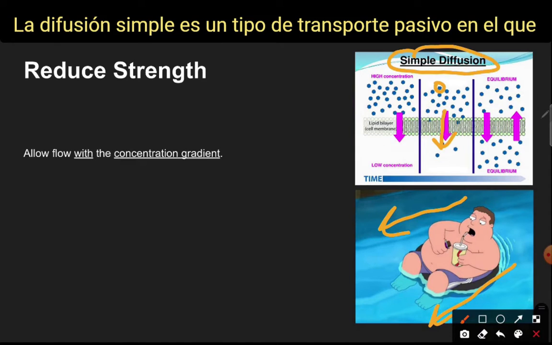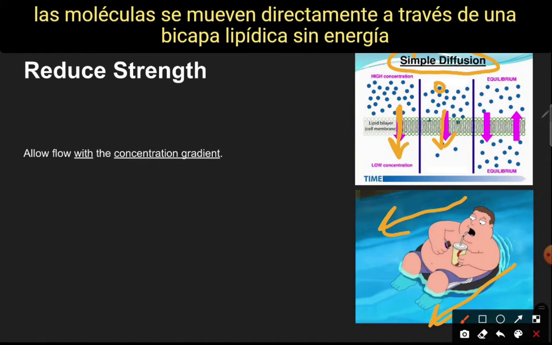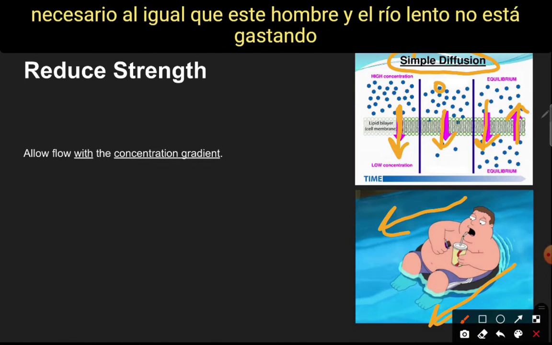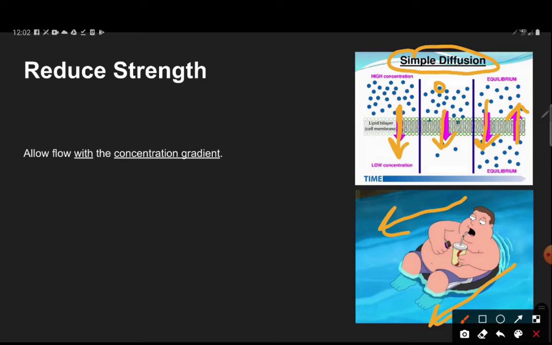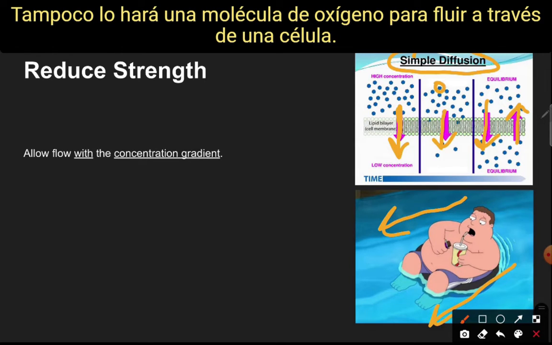Simple diffusion is a type of passive transport in which molecules move straight through a lipid bilayer with no energy needed. Just like this man in the lazy river is not spending any energy, nor will an oxygen molecule in order to flow through a cell membrane.